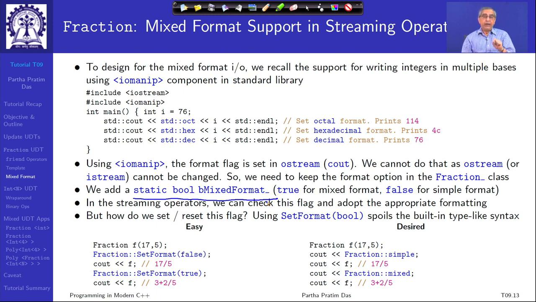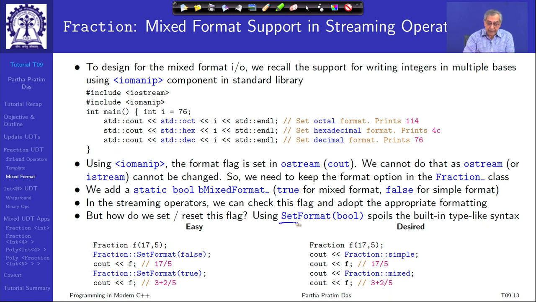While the output stream operator goes to output, it will first check the flag in the fraction class, that is a static flag. So, it will be able to check, it is already a friend function. So, it has access to that flag. So, it will check and accordingly it will decide which way to print, right. So, that kind of solves. But that still leaves a question of how do I selectively set that flag.